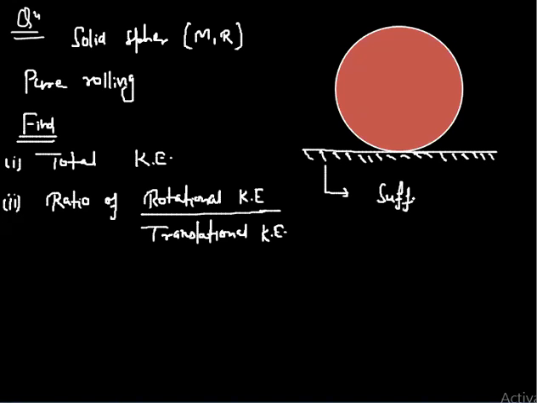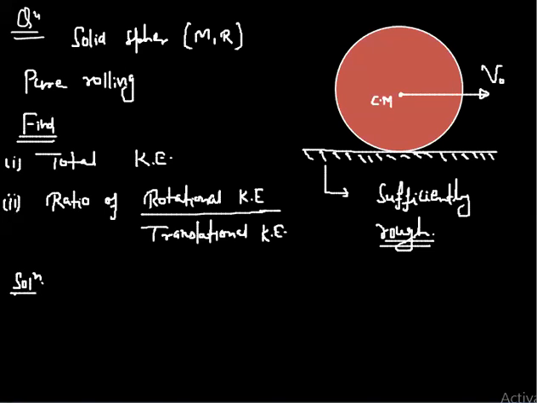We understand that in a sufficiently rough situation, we can consider that the body is going to perform pure rolling motion, and it is given that its center of mass has velocity v naught. Now I give you 1 minute to solve this question, so I'll be waiting for your answer.